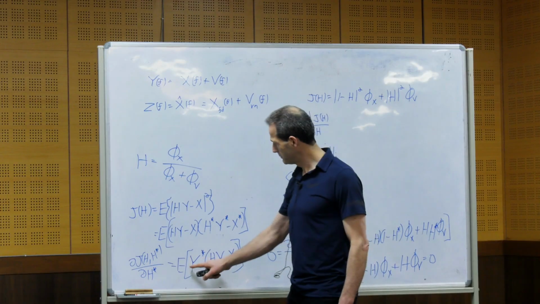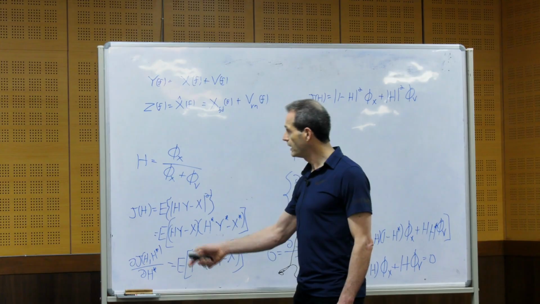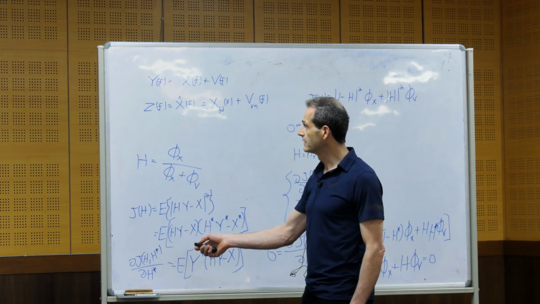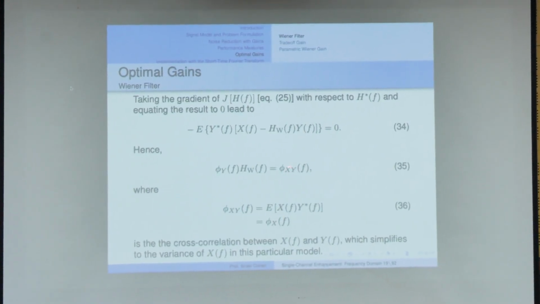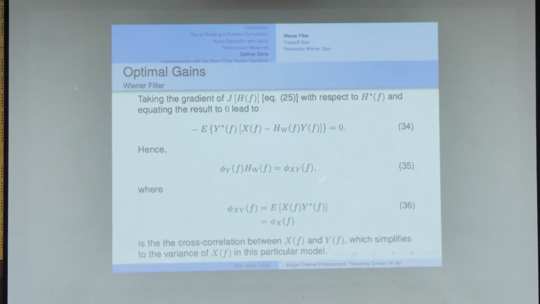Then if we put it inside, we have h times the variance of Y equals the cross-covariance between X and Y. So we can find that h is the covariance of X and Y divided by phi Y, which is the same as this.